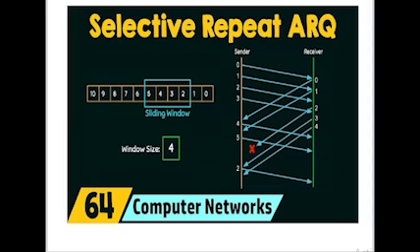This is the selective repeat concept. The sender sends the data. In case packet 2 is lost, Go-Back-N means retransmitting all the packets, but in selective repeat only the lost packet is retransmitted.